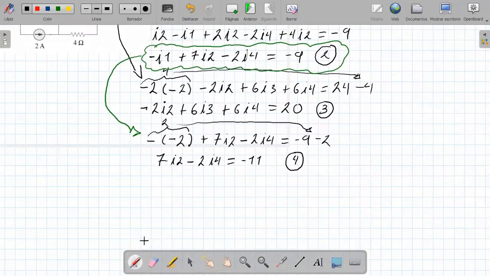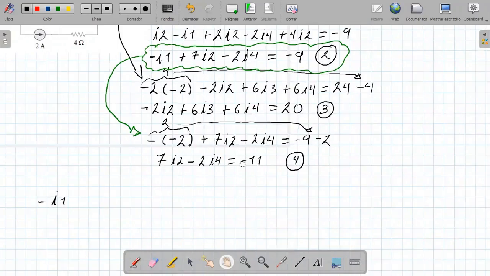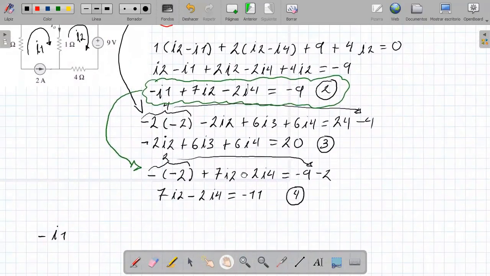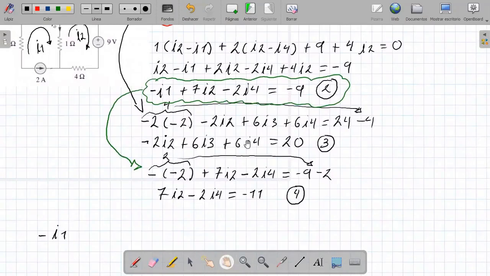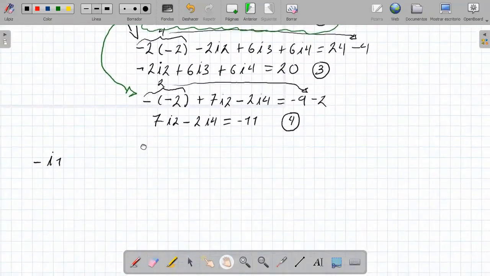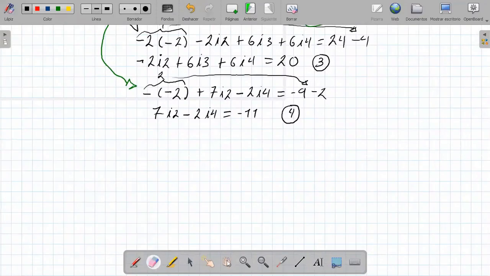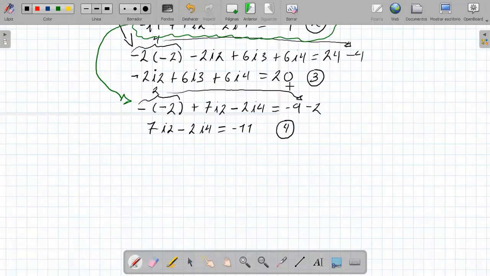So let's notice that I'm going to rewrite the equation here. Here I have less than I1, and here I was wrong. I'm copying the one that wasn't. The ones I have to copy. It's I3 and I4. There is this one that is minus 2 I2, so that we don't get lost. What I'm doing is rewriting it here.